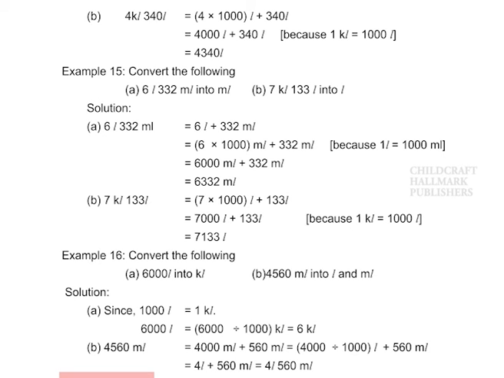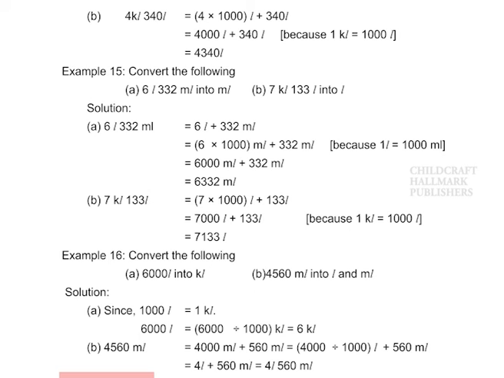which is 7133 liters. Example 16. Convert the following: 6000 liters into kiloliters, and 4560 milliliters into liter and milliliters.